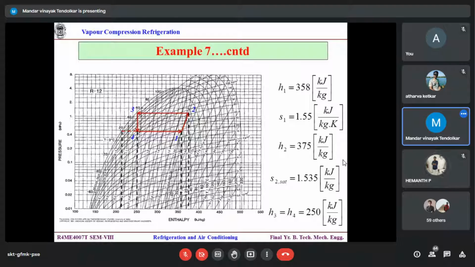Then between 1.5 and 1.55, do the linear interpolation and find 535. Okay, enthalpy values matching. Yes, sir. Fine.